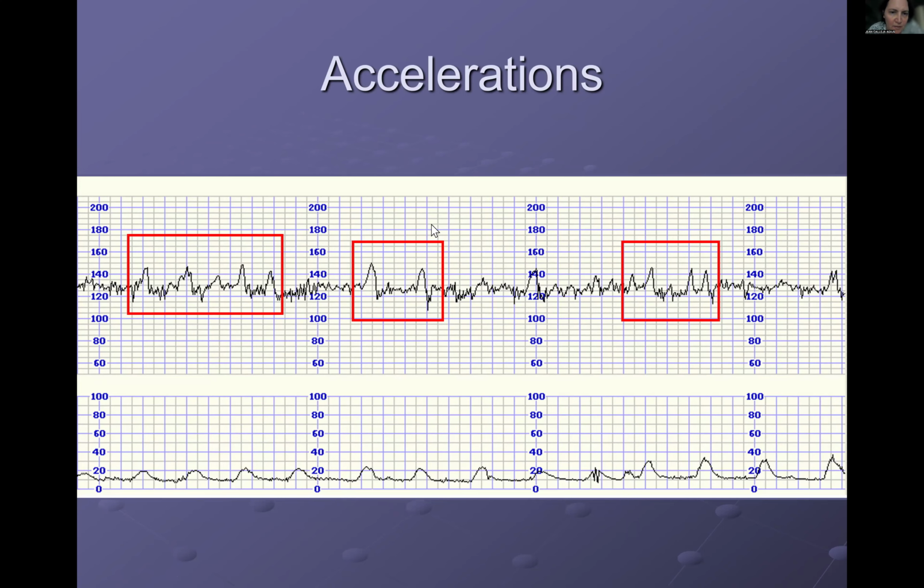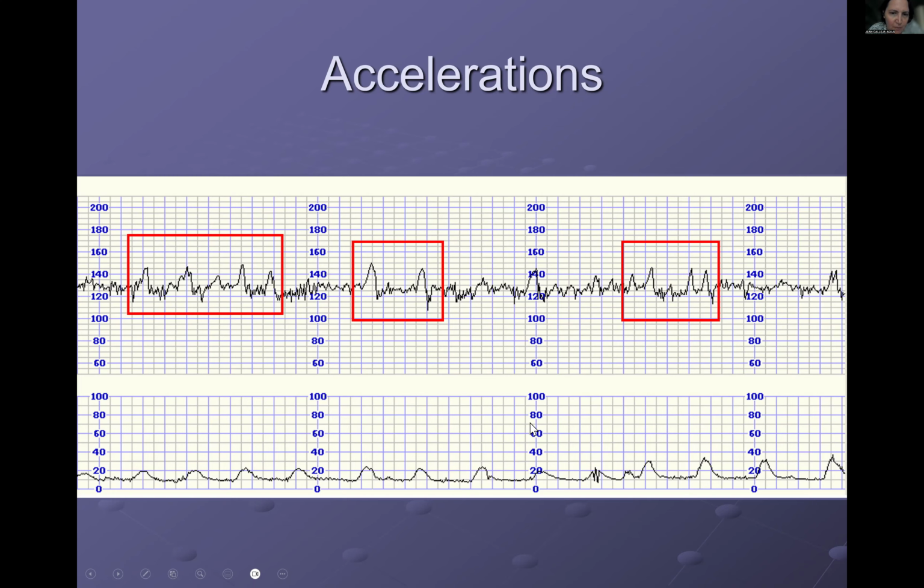And as you see, the baseline here is about 130, right? And then here you see a rise from baseline. So that is not variability, that is an acceleration. There's a rise, which is about 20 beats per minute, and it lasts for at least 15 seconds.